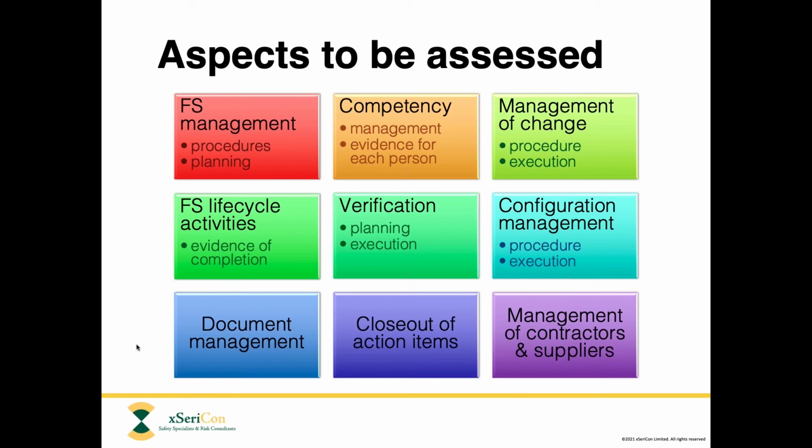The first one is functional safety management. We want to see that you've got management procedures in place, that they are well written, that they are clear, that it's possible to follow them, and that they are auditable, so they will actually generate evidence that they're being followed. Also, that the procedures include a planning requirement and that you've actually allocated the necessary resources.